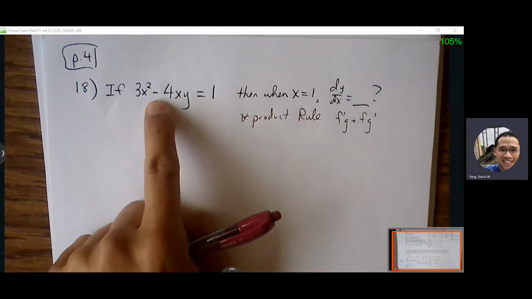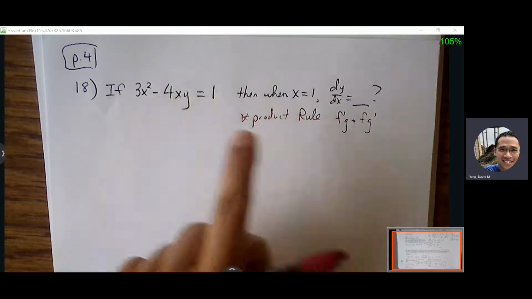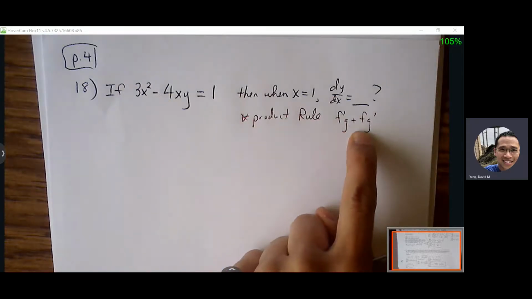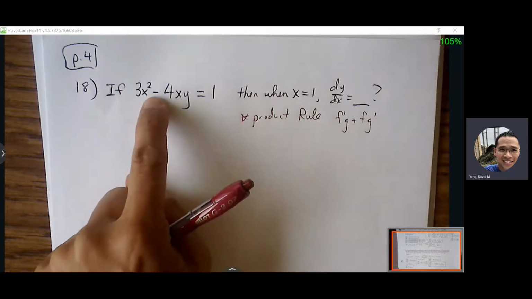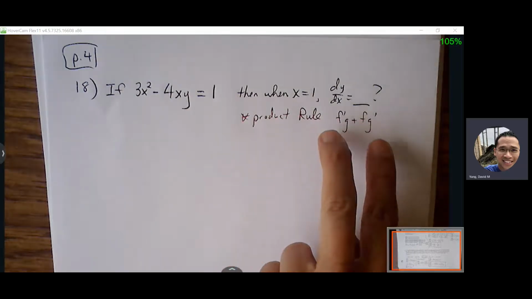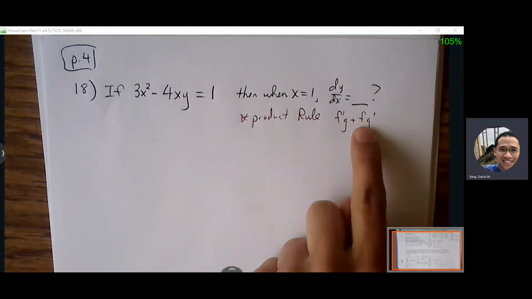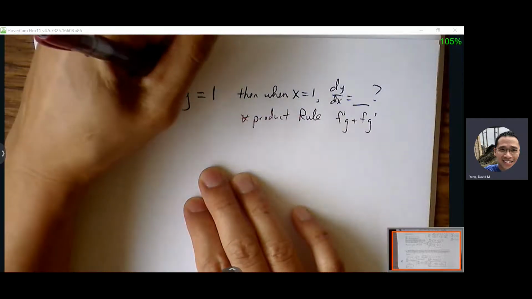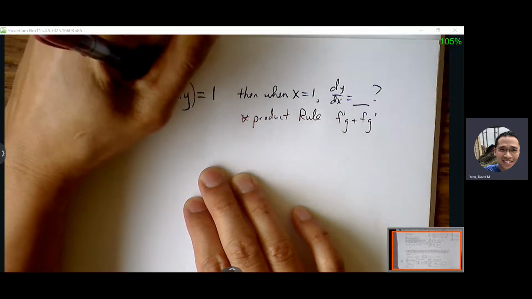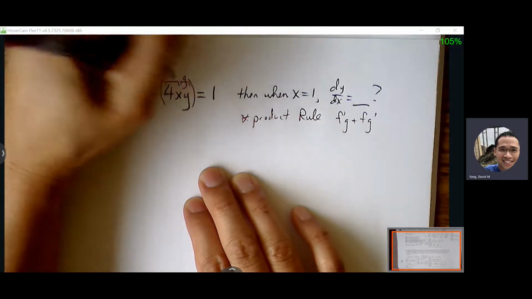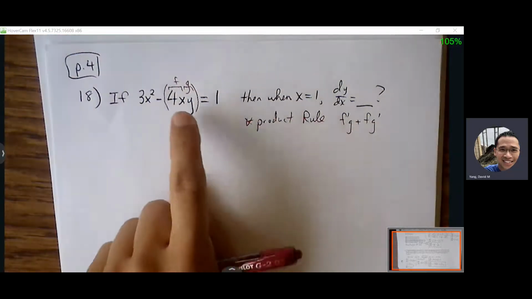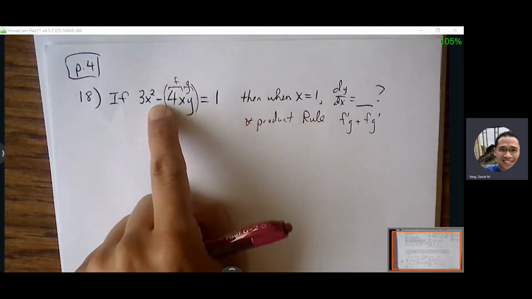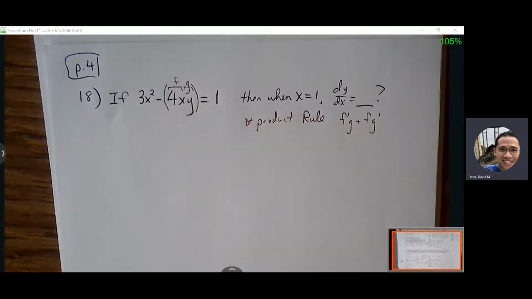That negative causes students a lot of trouble, because if you just do the product rule and don't remember that this negative impacts the entire term, you have to distribute that negative through to the second term as well. So it's nice to remember that there's really parentheses there. When you go through the product rule, that negative has to distribute to both terms. That's something we have to be careful about.